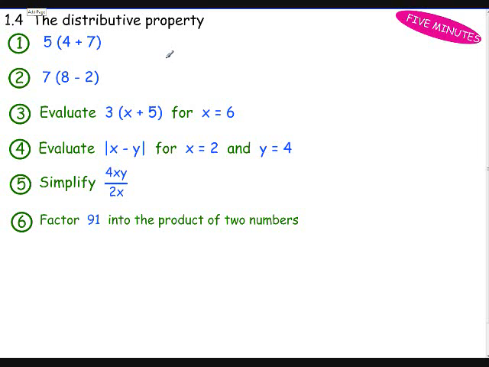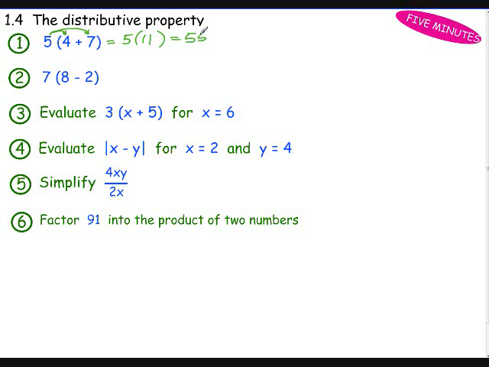Okay, here's our little review session. We know what to do, don't we? If we were going to distribute, we'd do that. There's another way we could handle it. We could say, well, inside my parentheses, a 4 plus a 7 is 11, which is equal to 55.